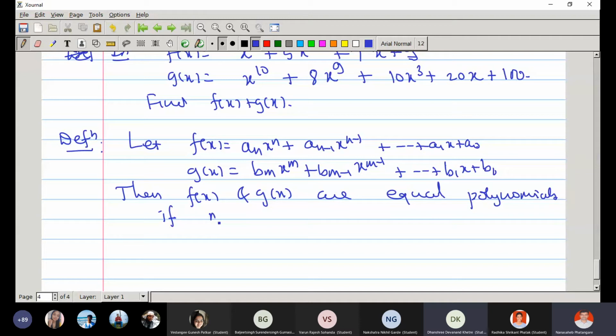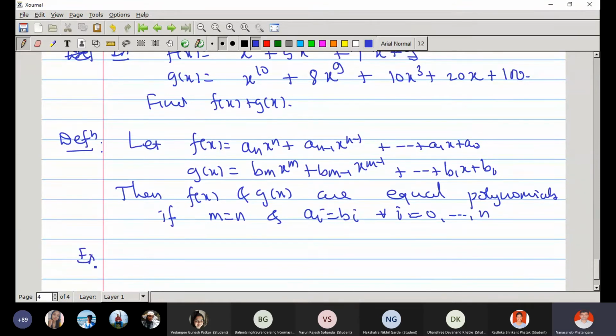That is, if m is equal to n and a_i is equal to b_i for all i from 0 to n. All coefficients are equal and the degree is also equal, then we say that the polynomials are equal. Only equal degree is not sufficient.